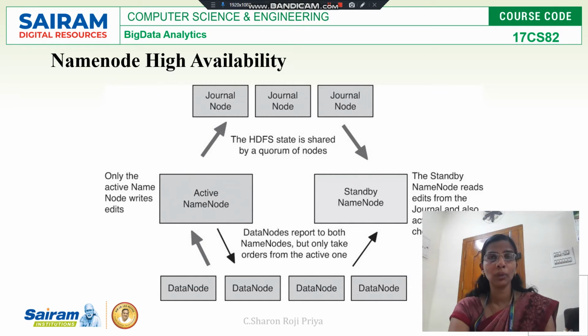Let it be any number of name nodes, but only one name node will be active at a time. All the other remaining name nodes will be in standby position. And the software in both the active and the standby nodes will be exactly the same. The data node will send heartbeat and data block reports periodically.